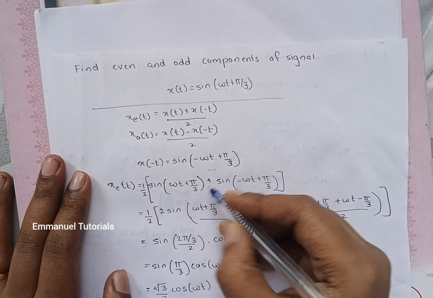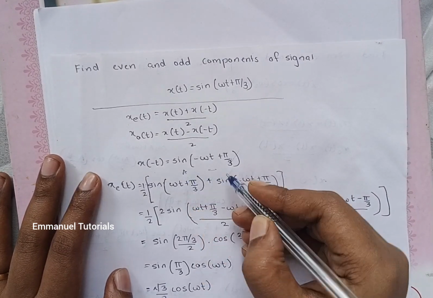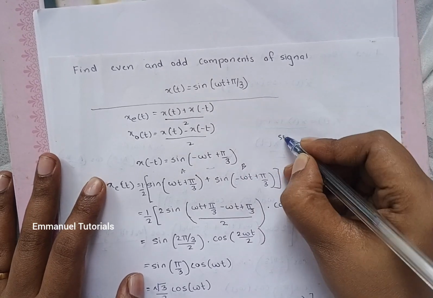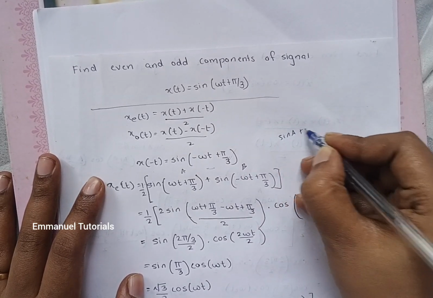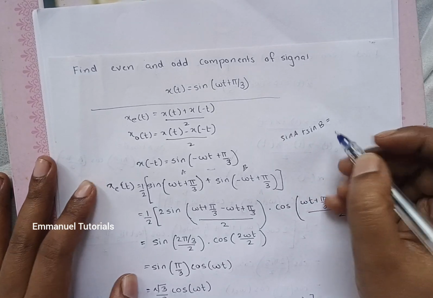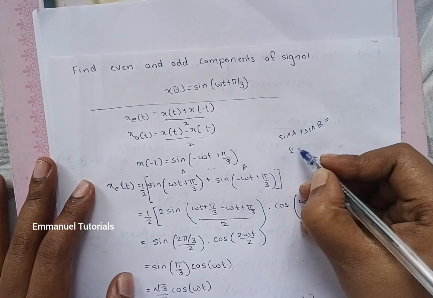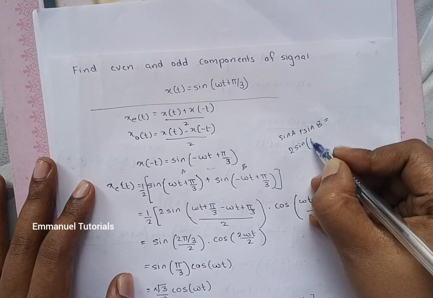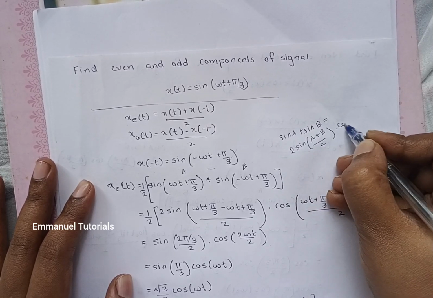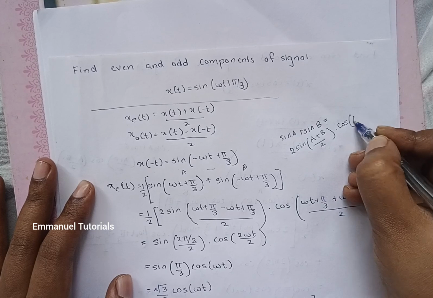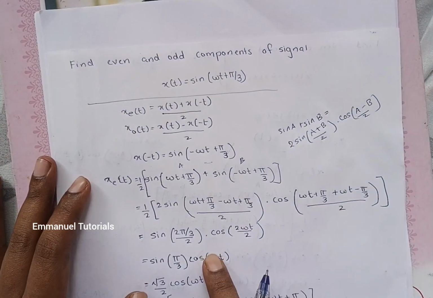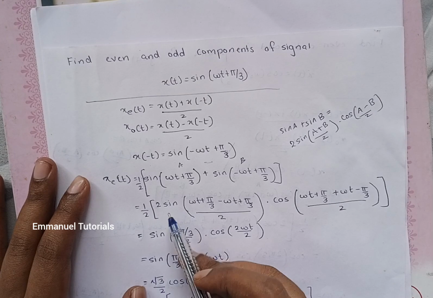Now if you see, this is in the format of sine A plus sine B, and the formula for sine A plus sine B is 2 sine A plus B by 2 multiplied by cos A minus B by 2. So we will be using that formula and substitute.